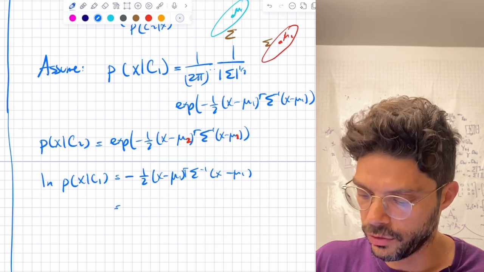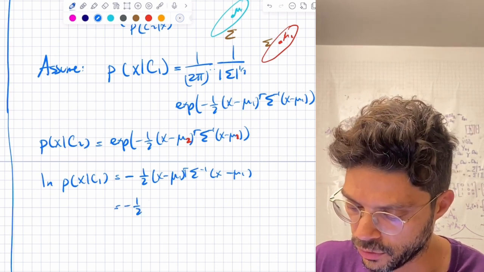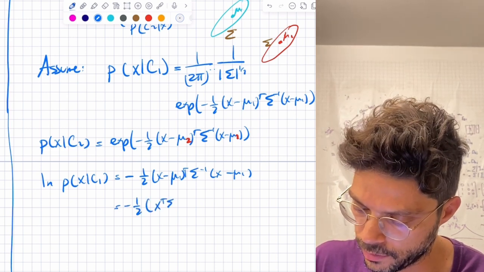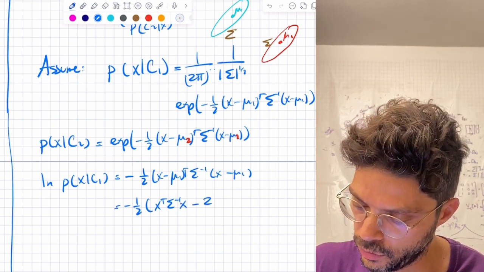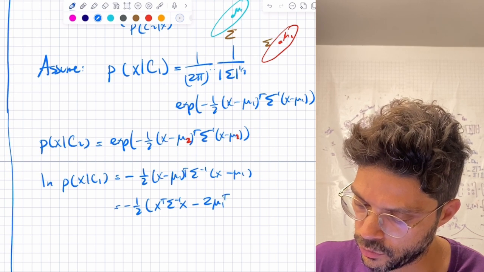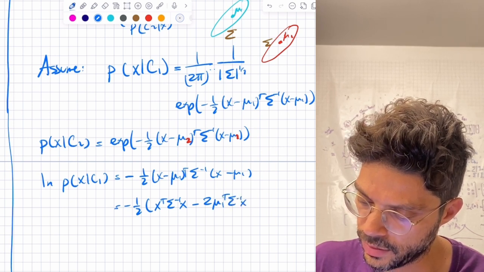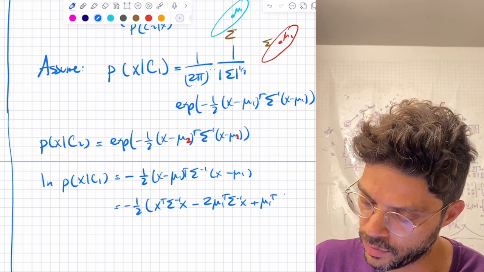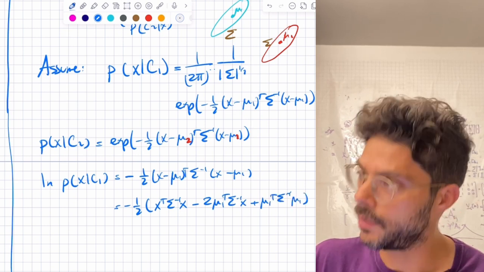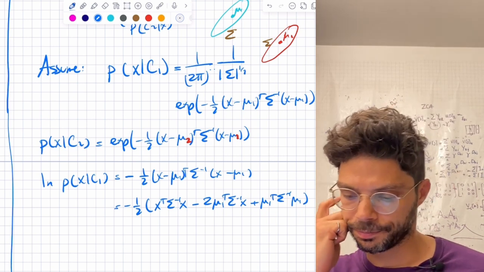You can do this lots of ways, but let's do it the straightforward way: minus 2 mu1 transpose sigma inverse x plus mu1 transpose sigma inverse mu1.